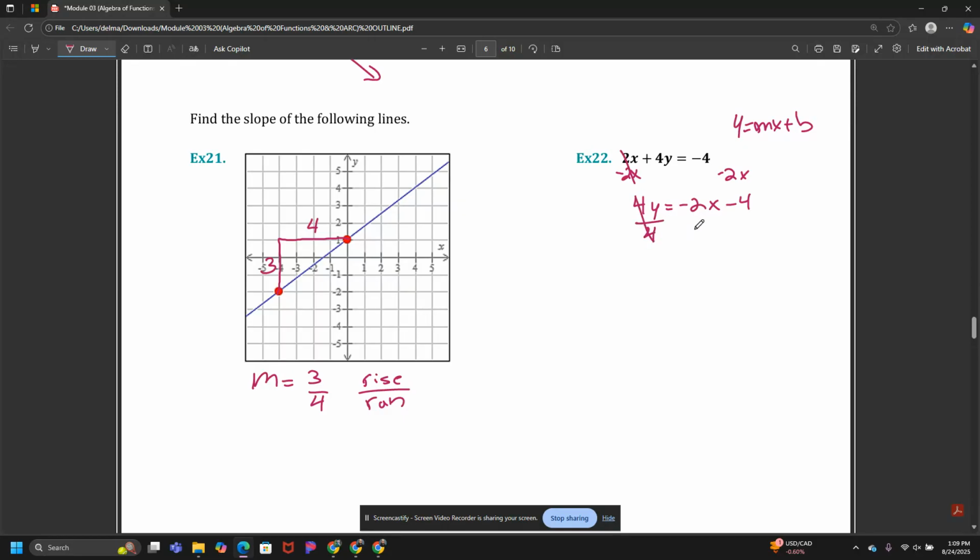We're going to divide by 4. 2 will go into both, leaving me with 1/2. And then I also have to divide 4 by 4, which is -1. So my slope, where my m is negative 1/2. Just be reminded that this 4 has to divide both pieces, not just one piece. Okay.